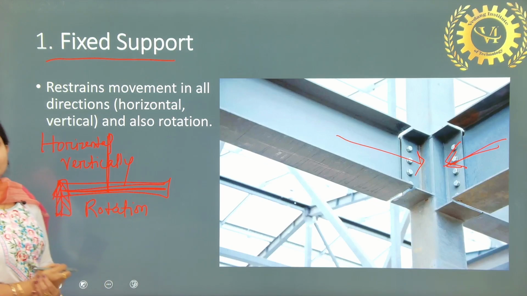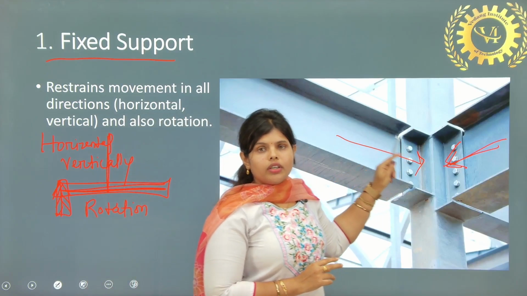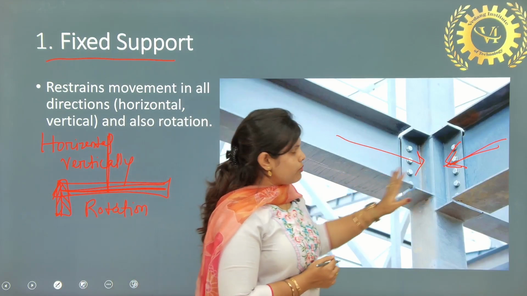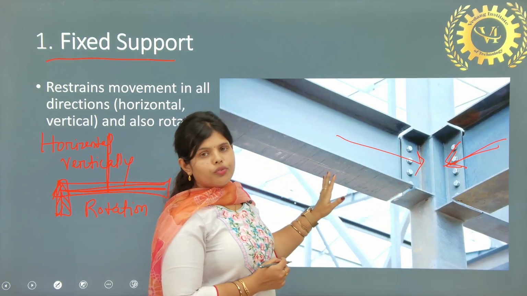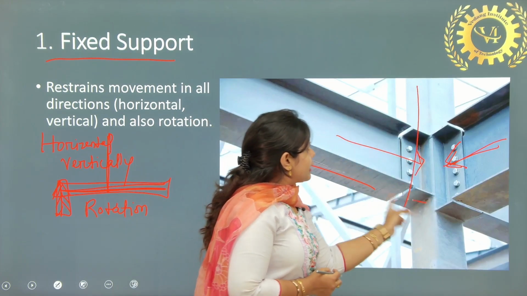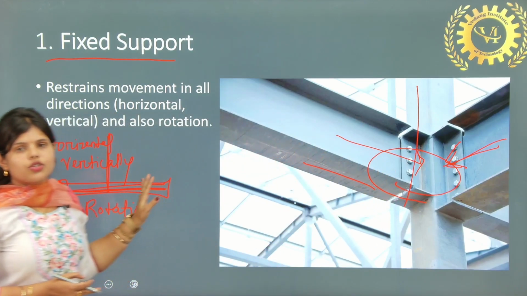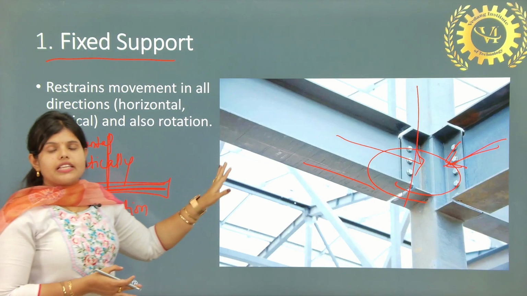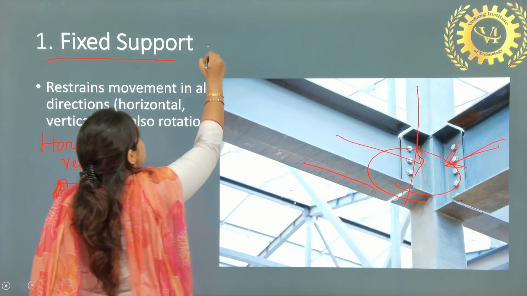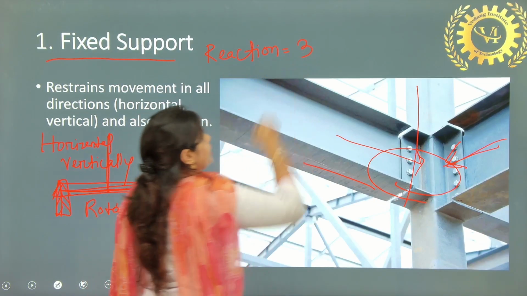Okay, what does that mean? Here you can see this diagram showing a fixed support. Here the column or the beam can't move in the horizontal direction or in the vertical direction, and it cannot rotate in any direction. So it is called a fixed support. That means it resists the forces in all three directions, so the number of reactions is equal to 3.